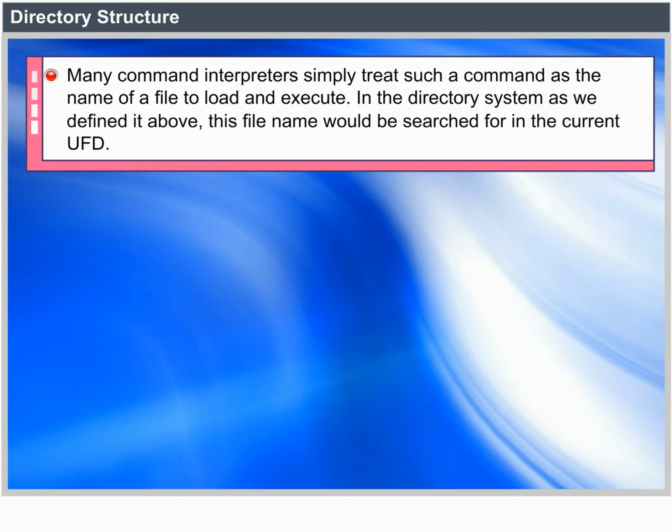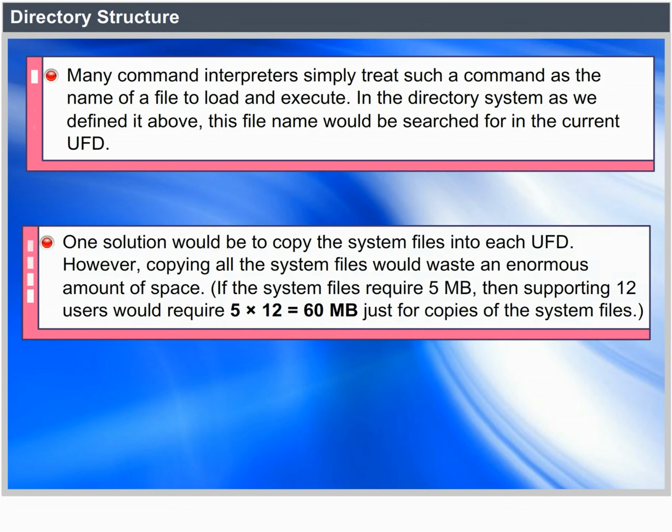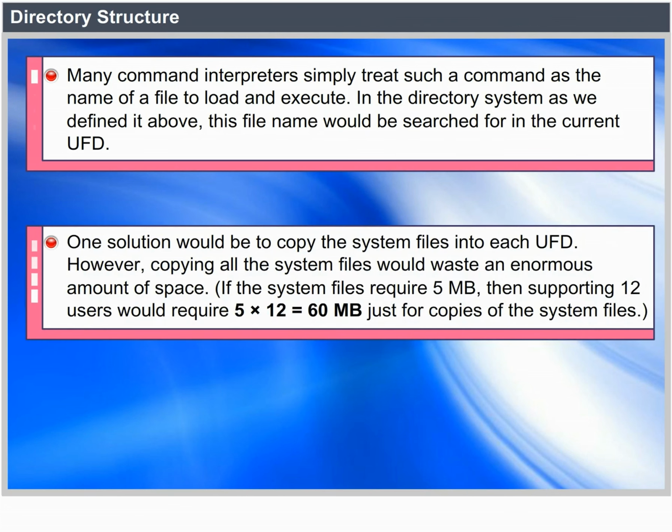In the directory system as we defined it above, this file name would be searched for in the current UFD. One solution would be to copy the system files into each UFD. However, copying all the system files would waste an enormous amount of space. If the system files require 5 MB, then supporting 12 users would require 5 times 12 equals 60 MB just for copies of the system files.